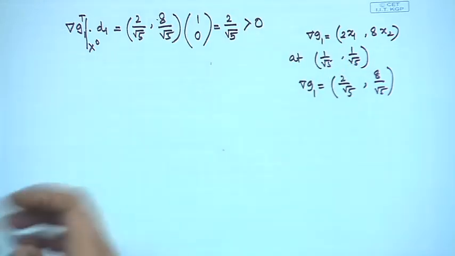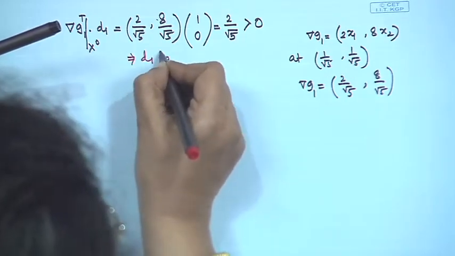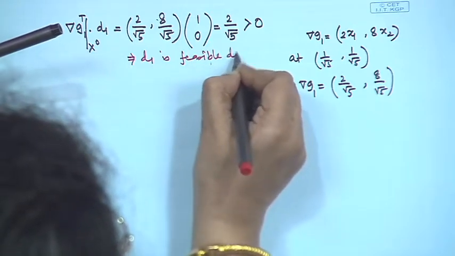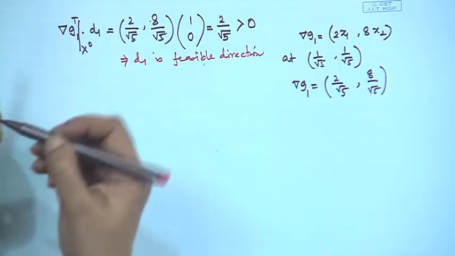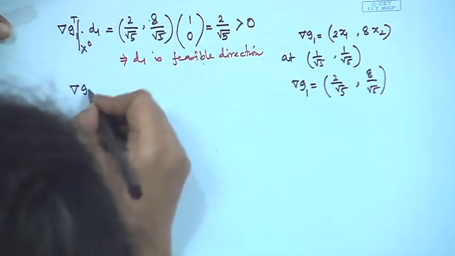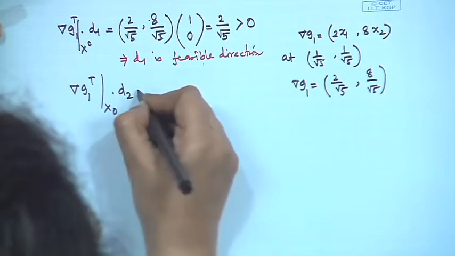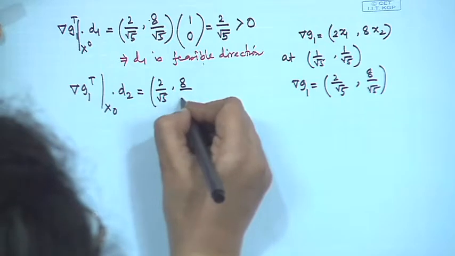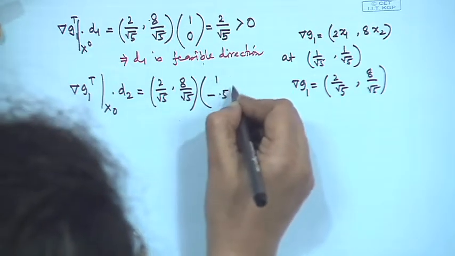That is why we can conclude that D1 is a feasible direction. Now, let me calculate the same for the other D2 and D3. Two by root 5, 8 by root 5 and 1, minus 0.5.